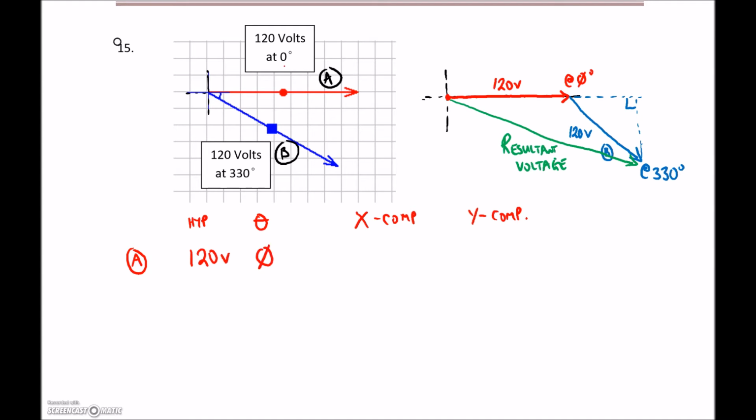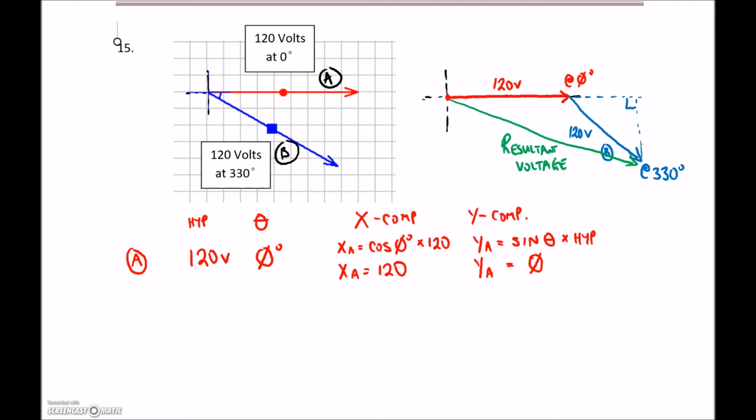The angle is 0 degrees, and so the x component for the first vector is the cos of that angle times our hypotenuse, and we know that that's going to be 120 because it's sitting right on the x-axis. And the y component for that first vector is going to be the sine of the angle times the hypotenuse, and we know that that is going to be nothing because there's no angle. It's sitting right on the x-axis. So the hypotenuse and the adjacent are identical at this point.